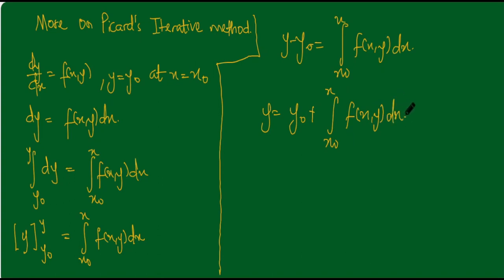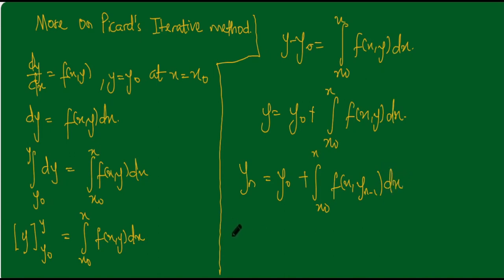Now recall that we said after we have been given the value of y naught and x naught, we can be asked to find the value of y1, or y2. So we can write this equation in the general form as yn is equal to y naught plus the integral between x naught and x of f(x, yn minus 1) dx.